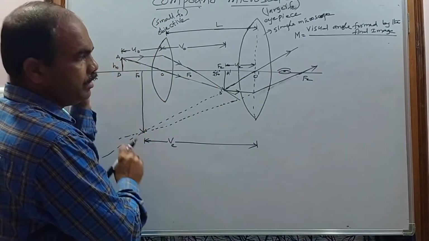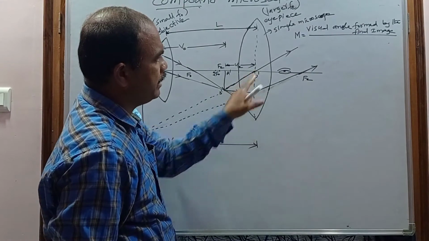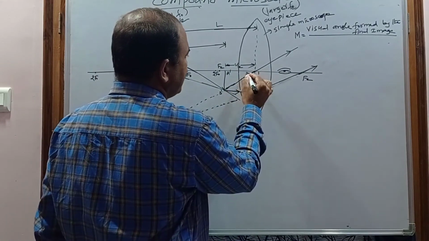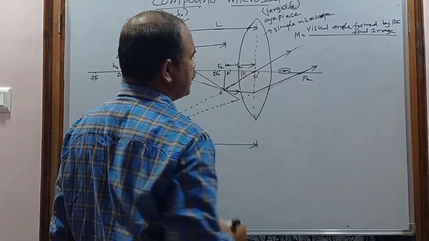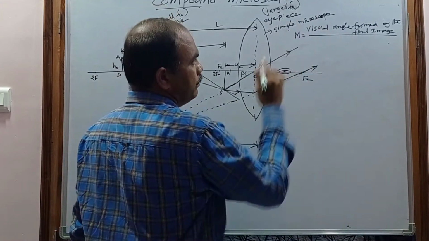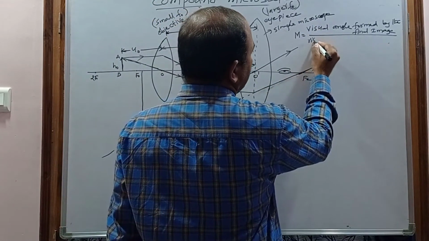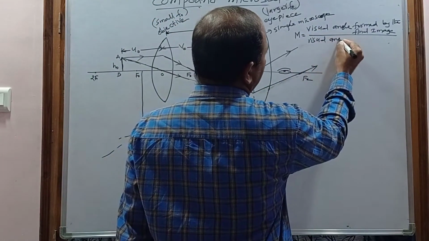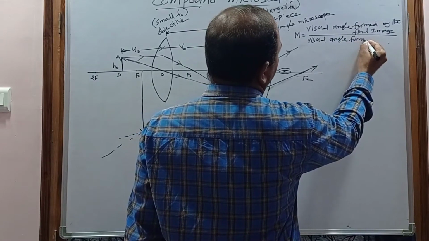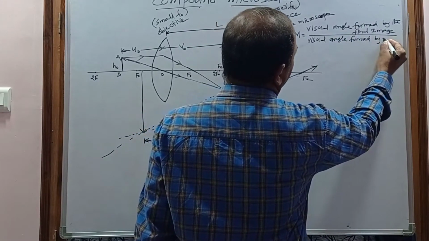This is the final image forming some angle at our eye, which we consider as beta.